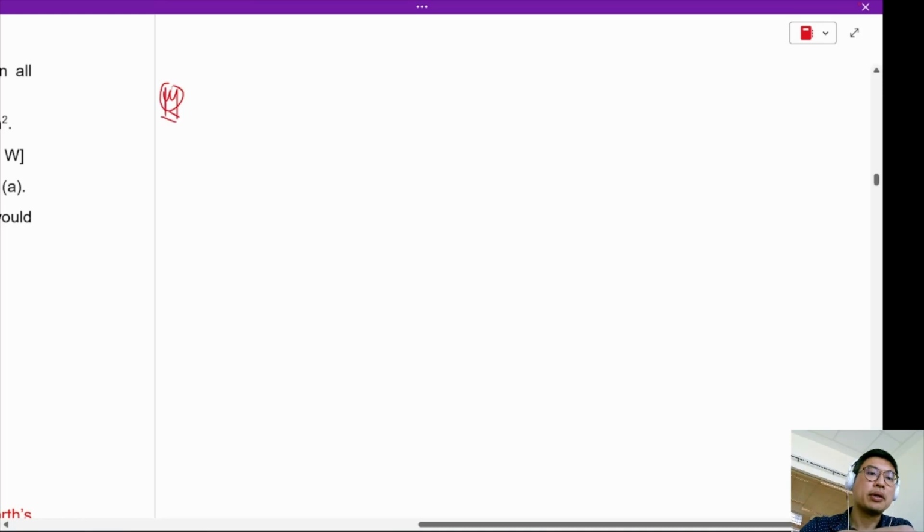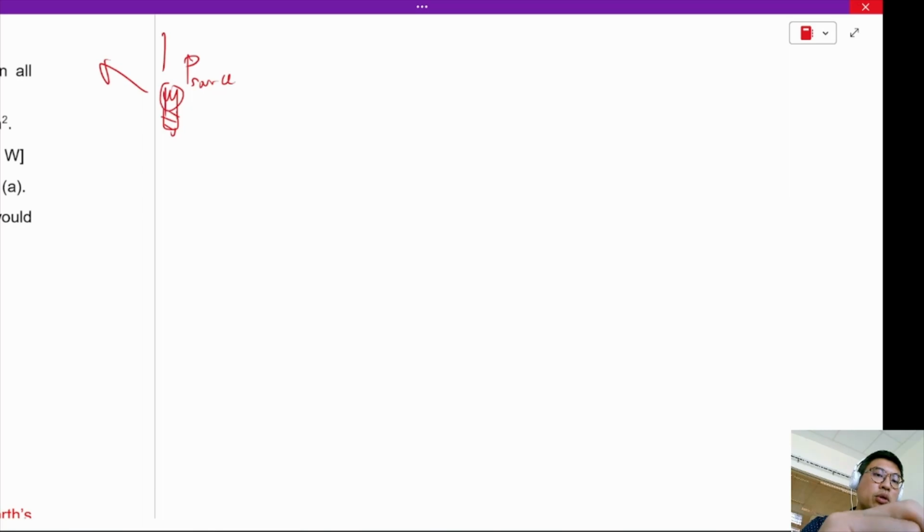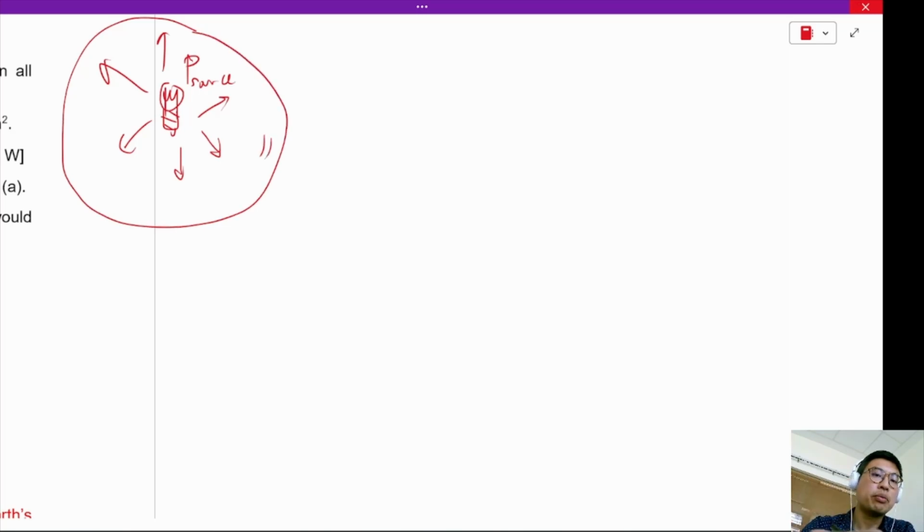intensity and power. Okay, so this is a light bulb with a power of P source. Now, the light bulb transmits power in all directions. So the light will spread out in the shape of a sphere. Now, this is a small area over here, area of the sphere.